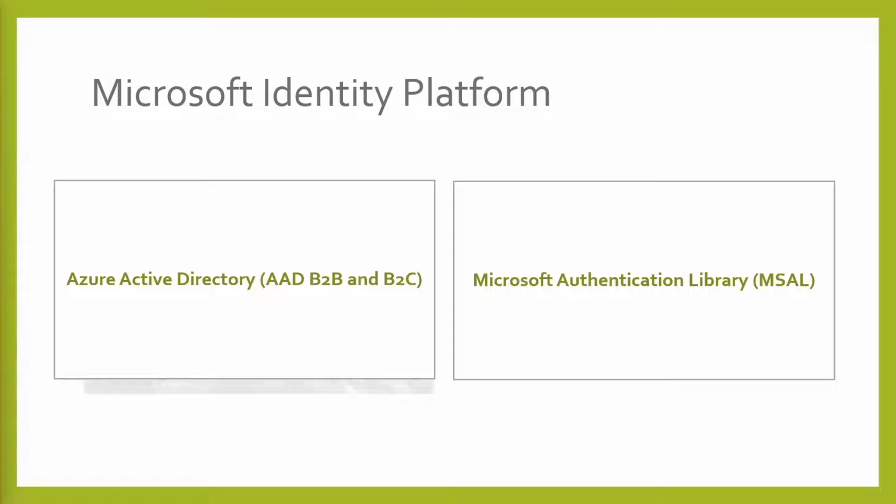There are two versions of AAD, the B2B and the B2C versions, and the difference is really who the users are. B2B is used for enterprise users who are already provisioned by their organization, while B2C is for external-facing consumers who have their own personal Gmail, Facebook, or other social logins.